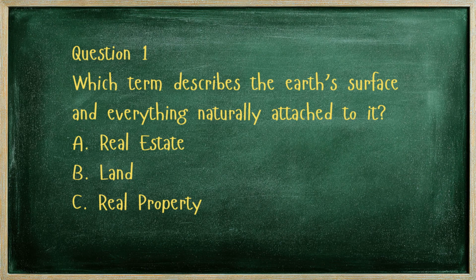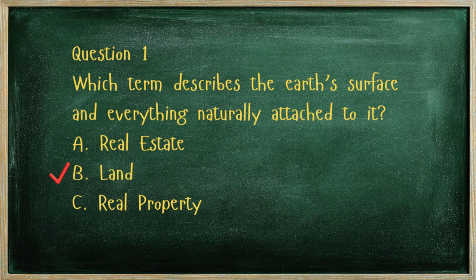Question number 1. Which term describes the Earth's surface and everything naturally attached to it? A. Real estate. B. Land. C. Real property. This might be a good time to hit pause while you contemplate the answer. The answer is B, land.